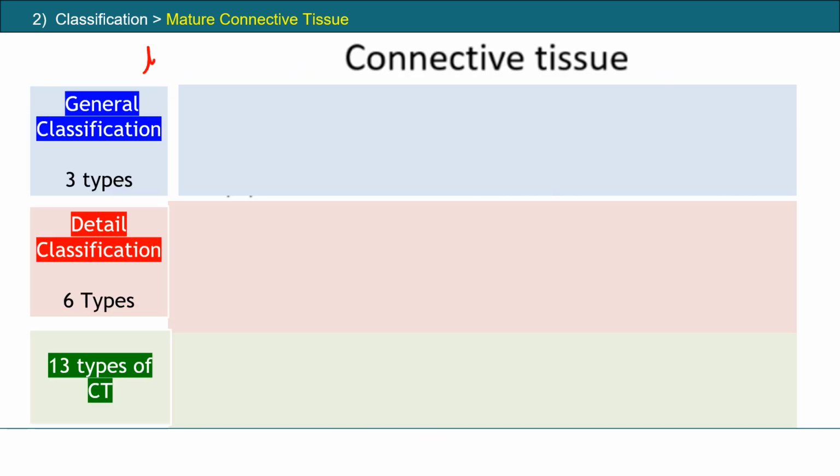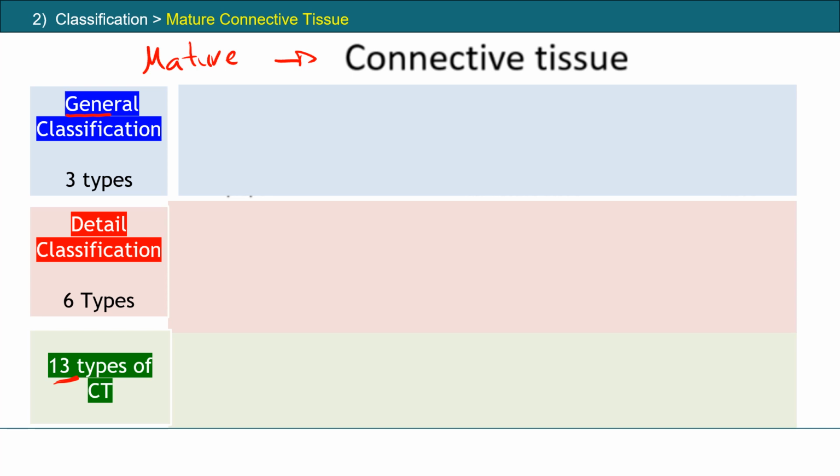Now we're going to talk about the mature connective tissue, and as there are so many, we're going to talk about 13 different types, not only this semester, not only in this class, but this term and the following terms. So we're going to go from a very general one to a more specific one.